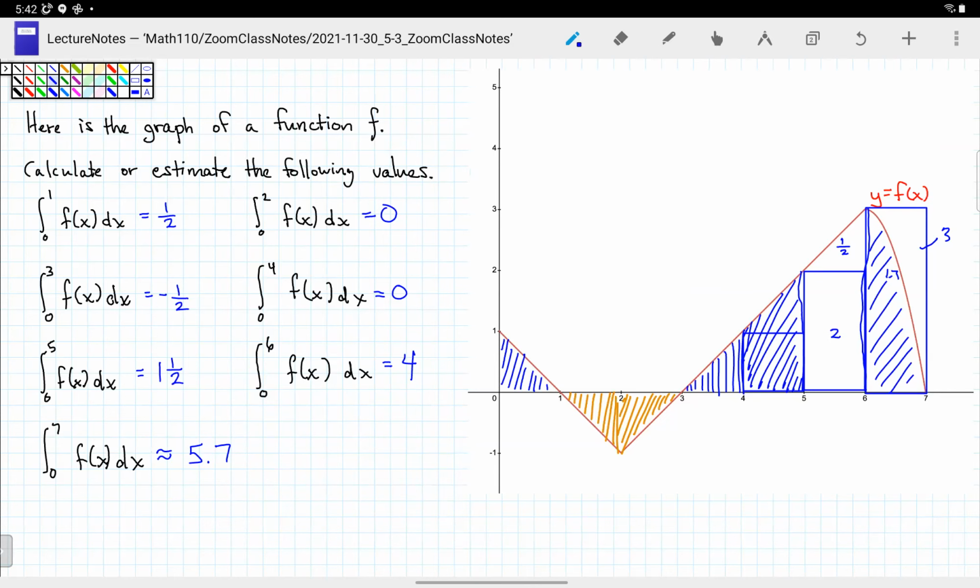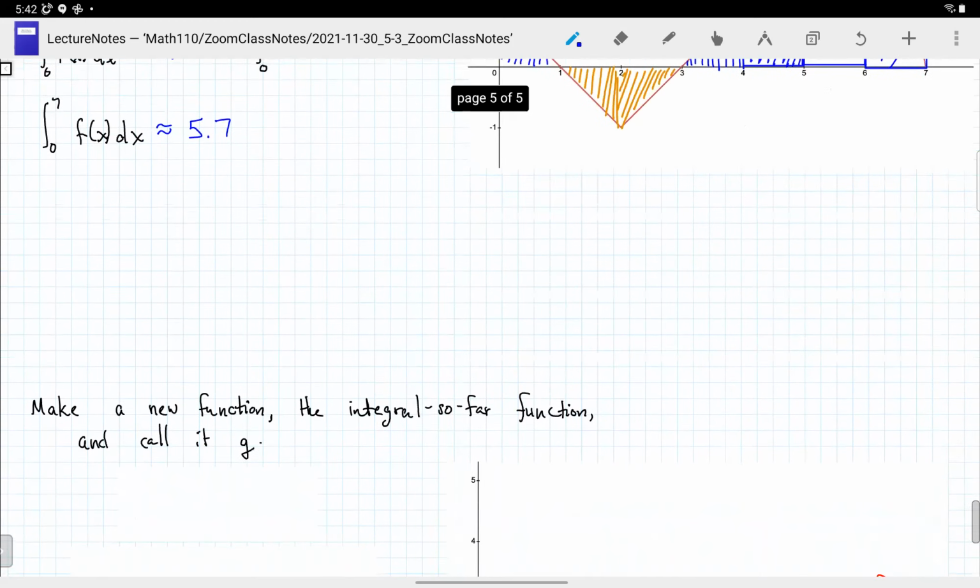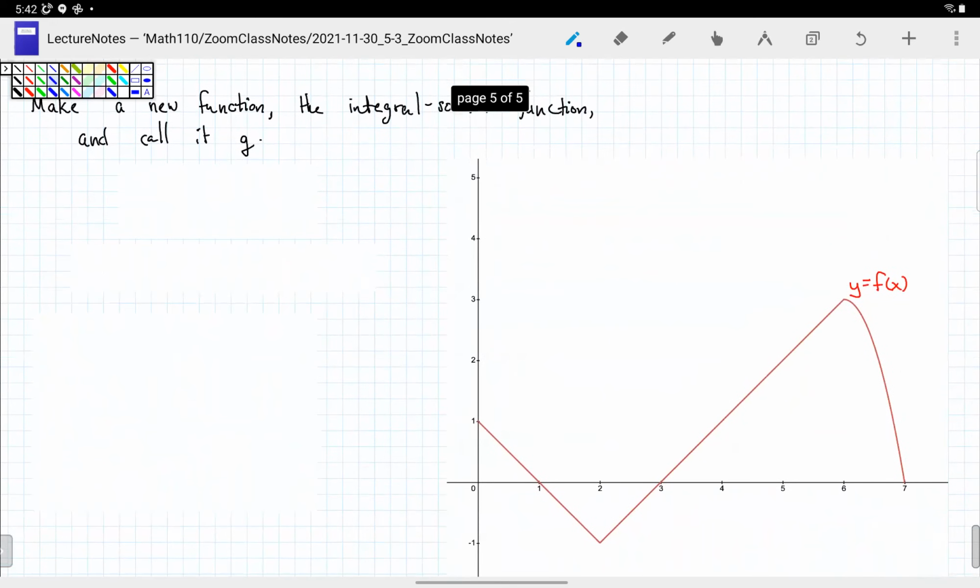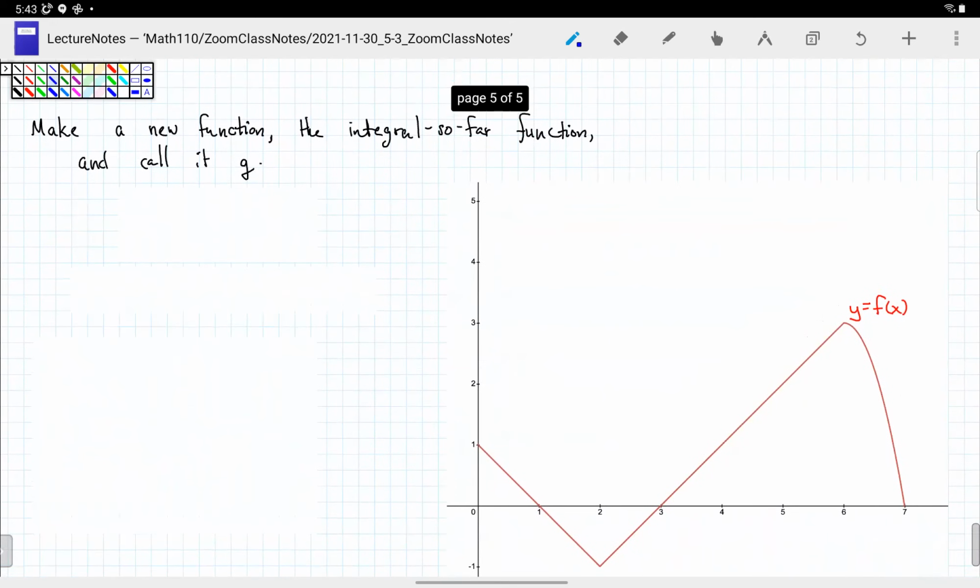What's the integral from 0 to pi? What is the integral of f from 0 to 4.3? In this way, we really have a new function, which is the integral so far function. I kind of refer to this as an integral so far function. I'm going to call it g.